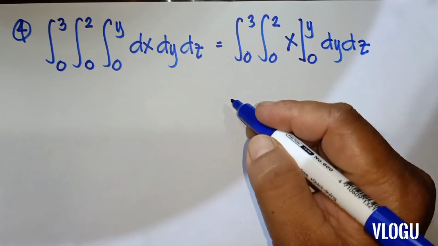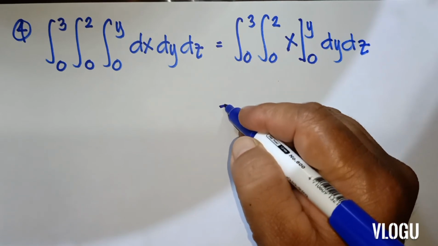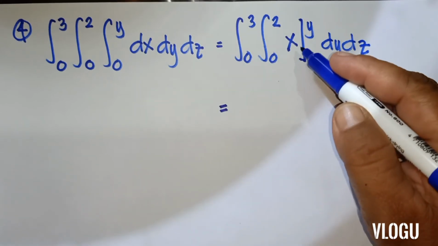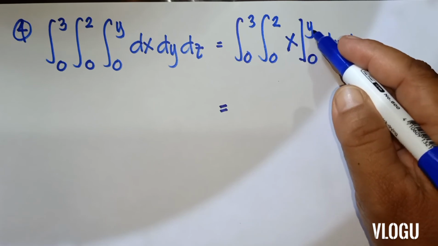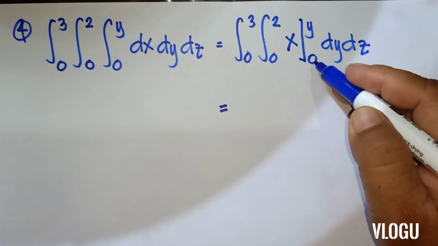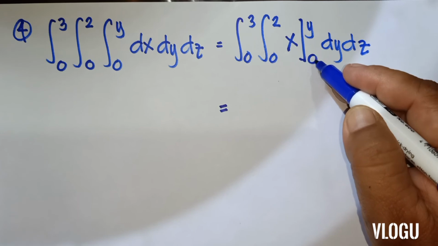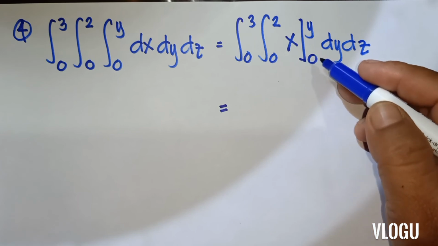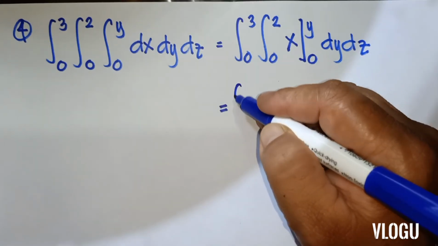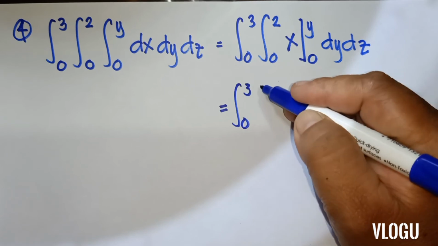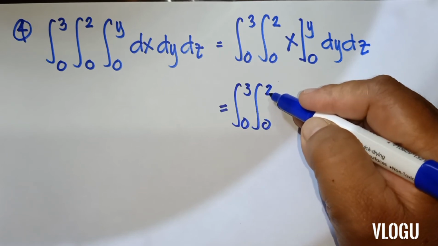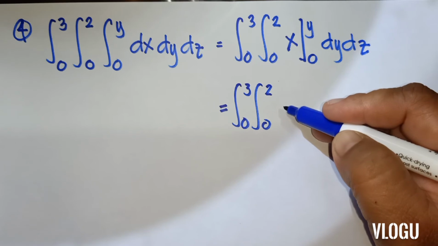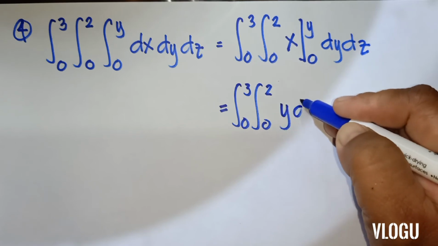Substituting y for x gives y, and substituting 0 for x gives 0. So therefore, you will have 0 to 3, 0 to 2, then y dy dz.